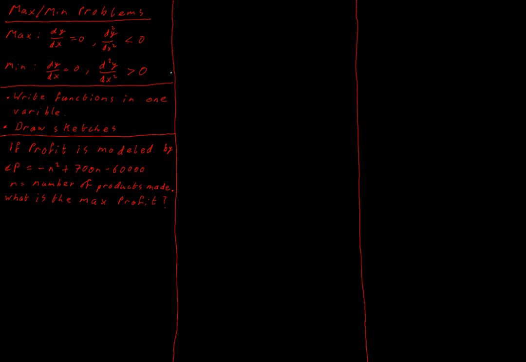As a general guideline, we know that for maximum and minimum, dy/dx is equal to 0, and d2y/dx squared is less than 0 for a maximum. We always do that second derivative test, and for a minimum, d2y/dx squared is going to be positive when dy/dx is 0. So we already know that, and as a general guideline, we want to write the functions that they give us in one variable.